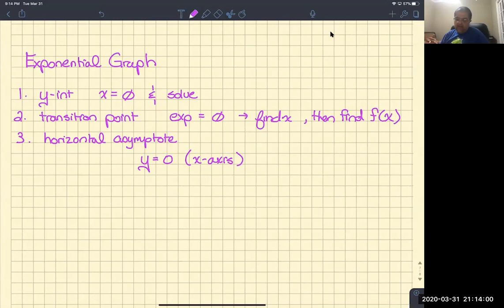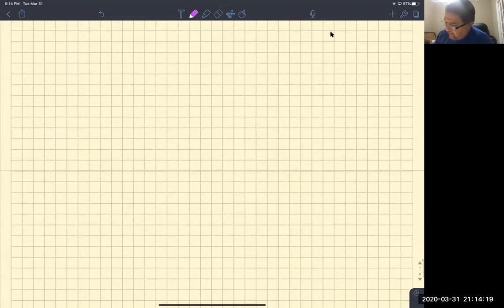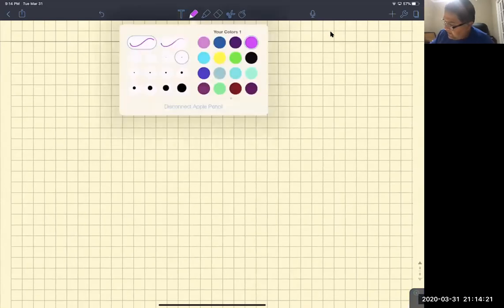If you have anything added or subtracted to the outside, remember you're shifting the graph up if you're adding, down if you're subtracting. So however many units you're shifting the graph up or down is your new horizontal asymptote. Okay. So let's look at a simple graph and graph all of the characteristics.